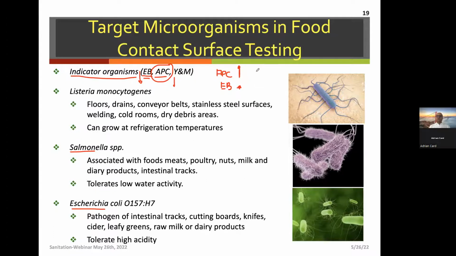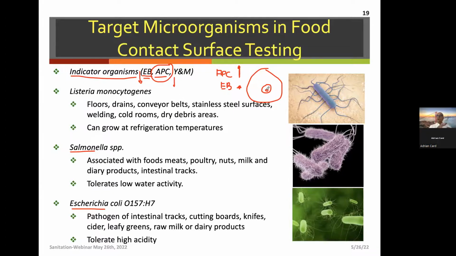So basically, APC will be the whole swimming pool of organisms, and Enterobacteriaceae will be a much smaller pool of organisms. And then Salmonella and E. coli will be an even smaller group down here.